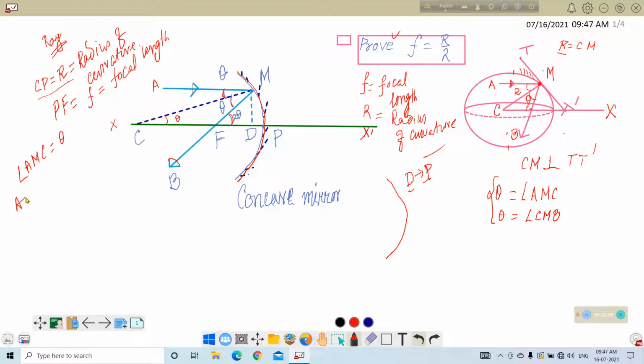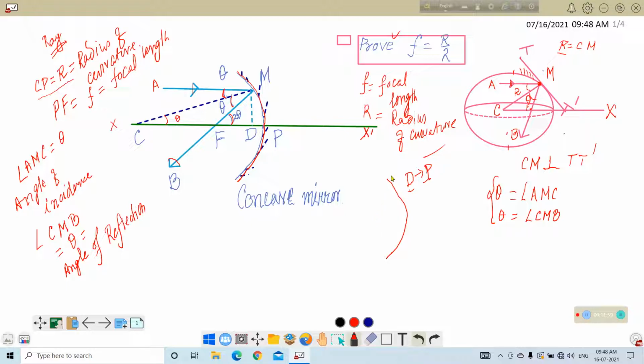This is angle of incidence. And angle CMB is equal to theta, is equal to angle of reflection. Okay.